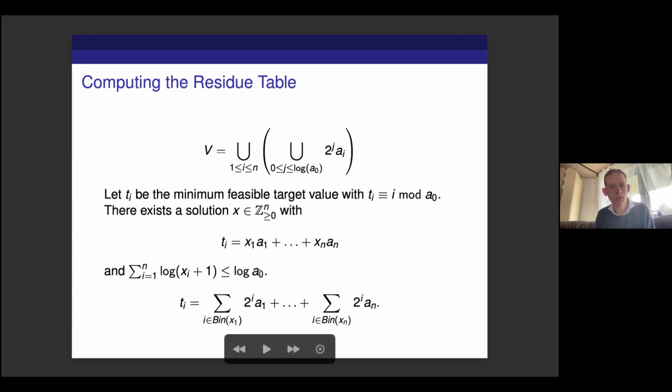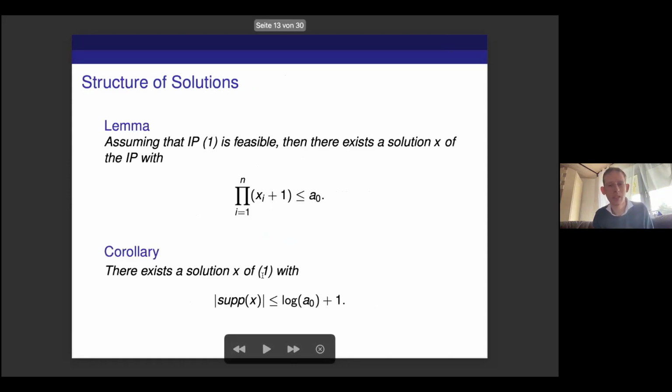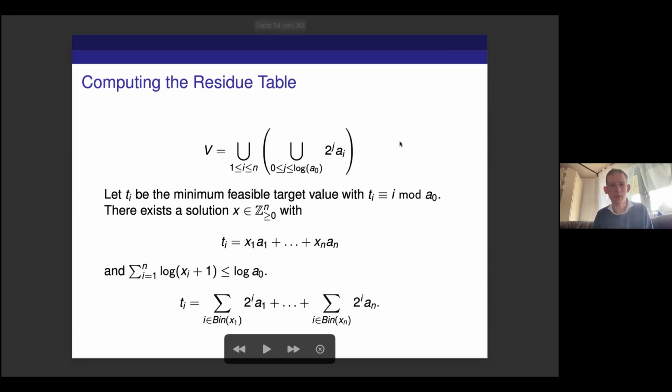And we're having the property that the sum of the logs is less or equal to the log of A0. So this is just applying the logarithm to both sides of the inequality. And then we can encode the multiplicities by the binary exponents here in the sum.